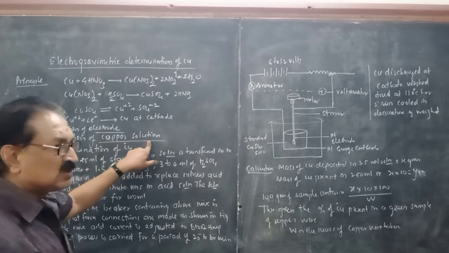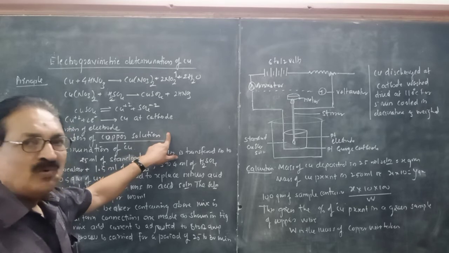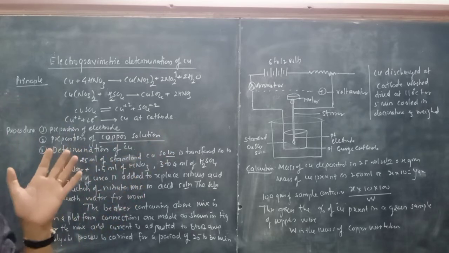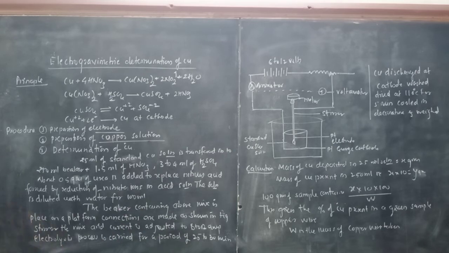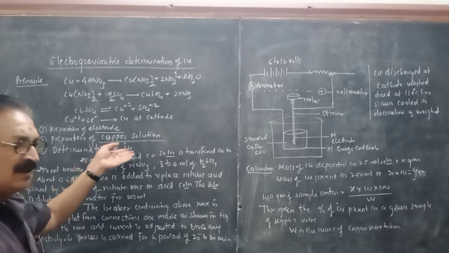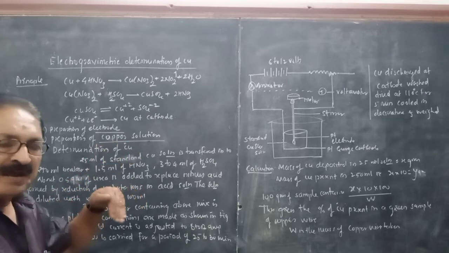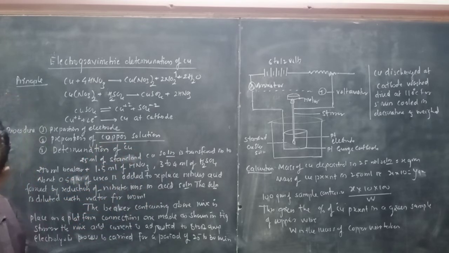Preparation of copper sulfate solution: here 1 gram of pure copper wire is weighed accurately and dissolved in the minimum quantity of dilute nitric acid. After complete dissolving of the copper metal, we get this solution, and that solution is transferred to a volumetric flask of capacity 250 ml.